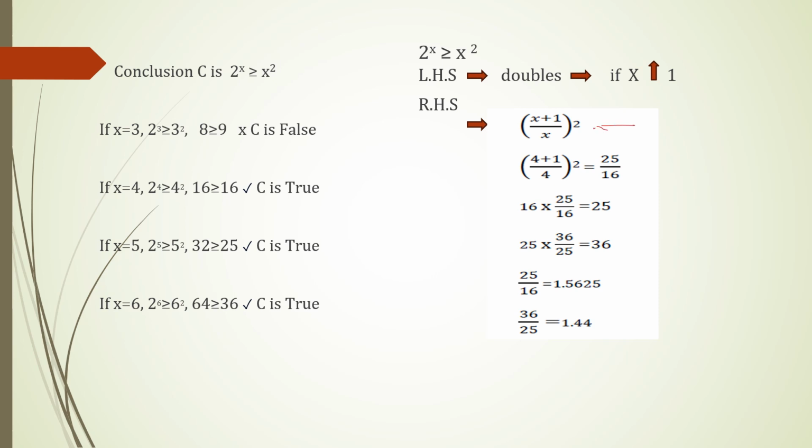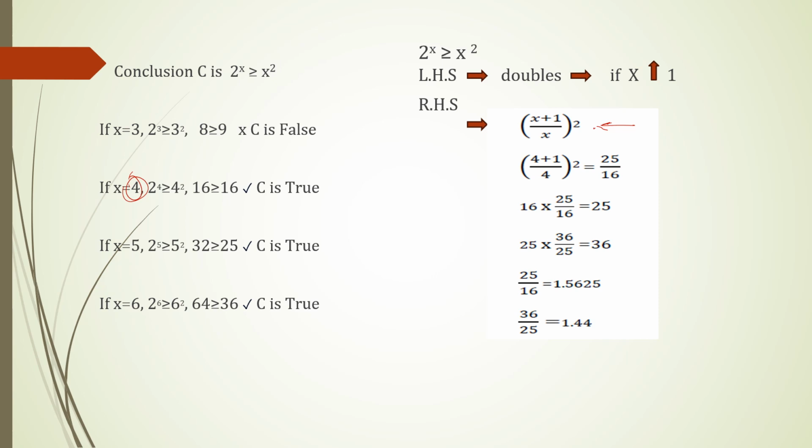Now let me explain that. Let us take x is equal to 4. Now (4 plus 1 by 4) the whole square is 25 by 16. So we are getting 25 by 16.